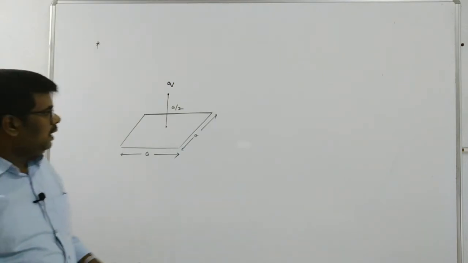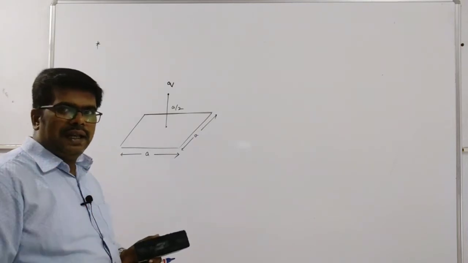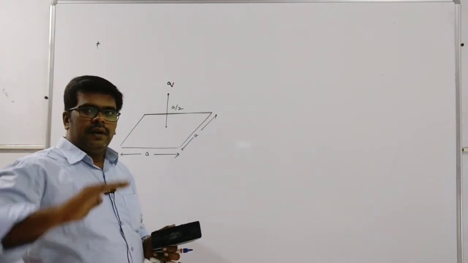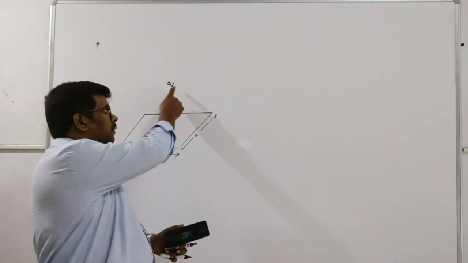So you observe clearly that we have a square plate whose side length is A, and above the plane surface at a distance A by 2, we have a charge Q.